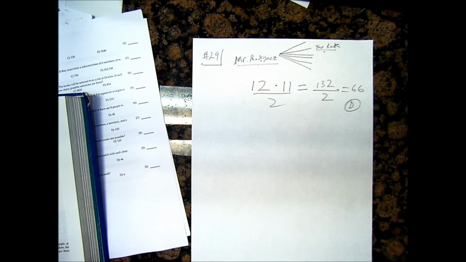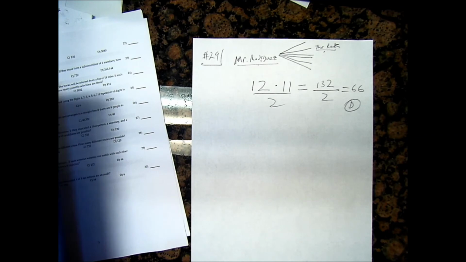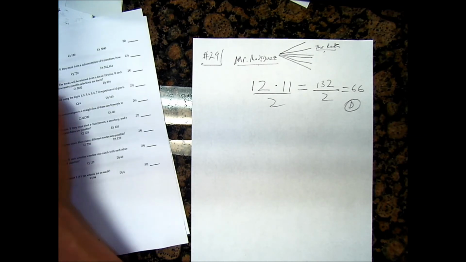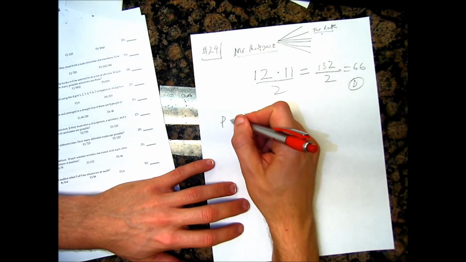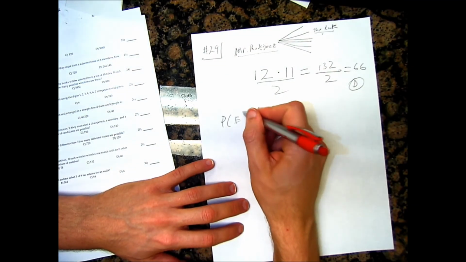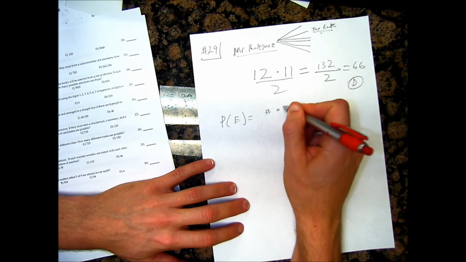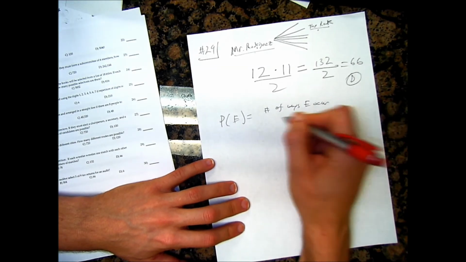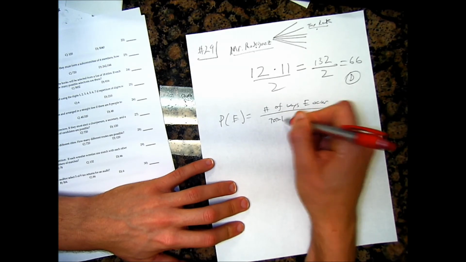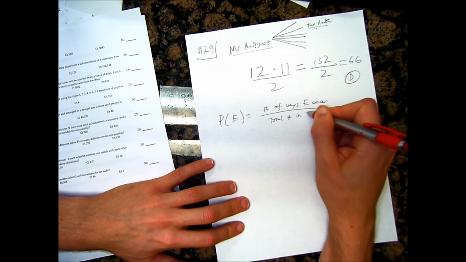So just some definitions to remember maybe. The basic idea of probability of an event is the number of ways that the event can occur divided by the total number in the sample space.